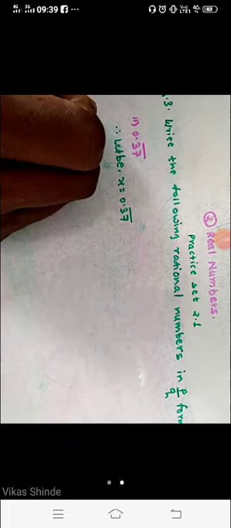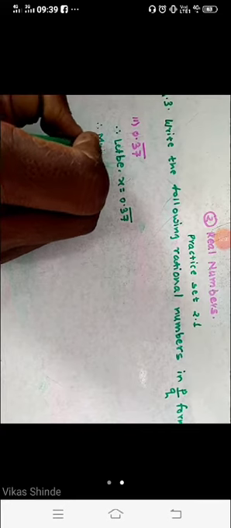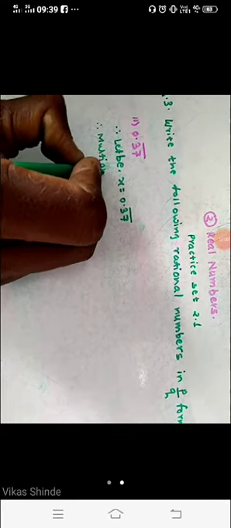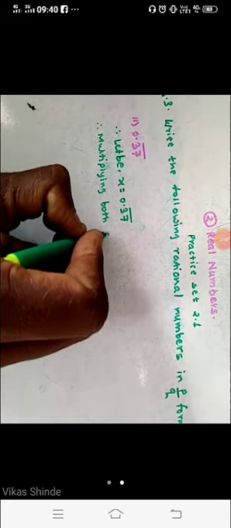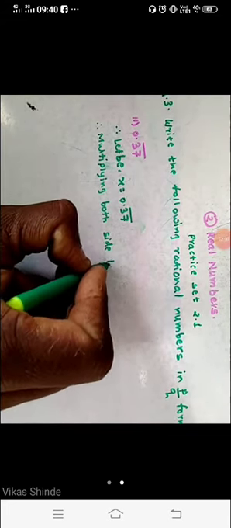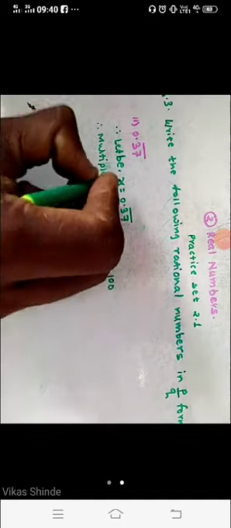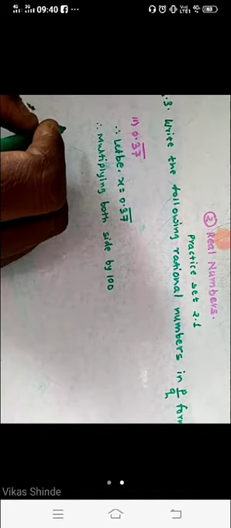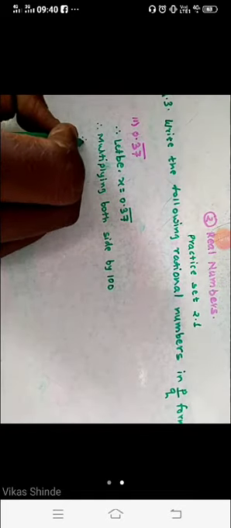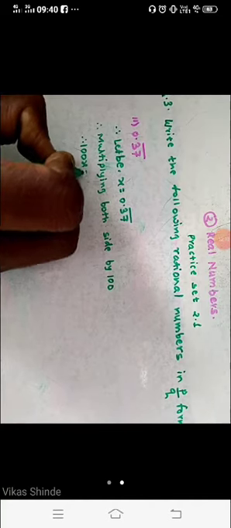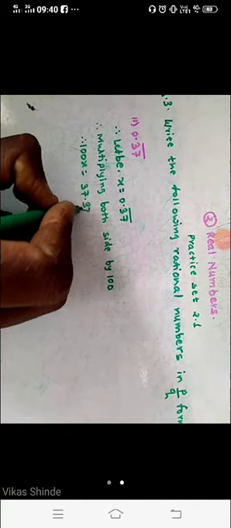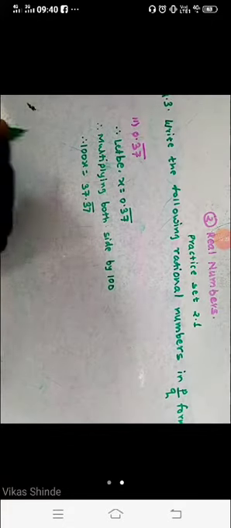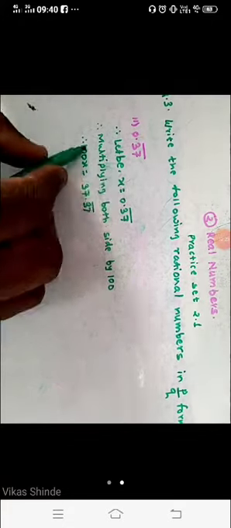So we have to write here multiply both sides by 100. If we multiply this side by 100, we have to write here 100x, and that side if we multiply we have to write 37.37 bar here. Now after this we have to subtract the assumed number here.